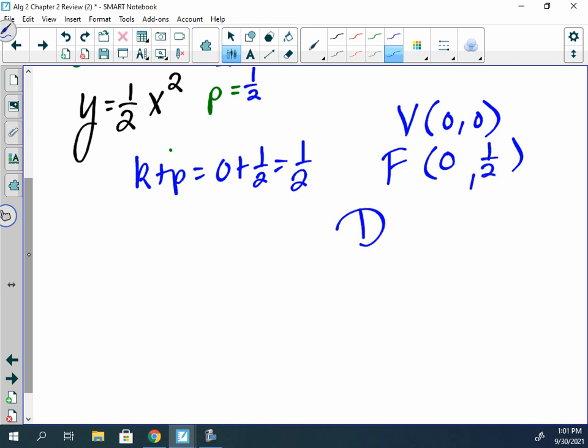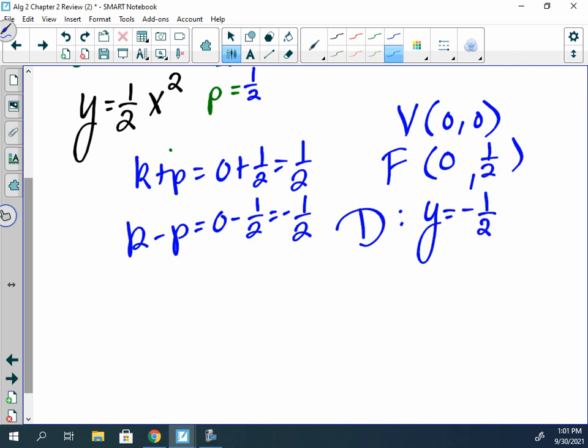Now, the directrix is, because this time we have k minus p, which would be 0 minus 1/2, which would be negative 1/2. And lastly, the axis of symmetry would be x equals. I do not know off the top of my head.